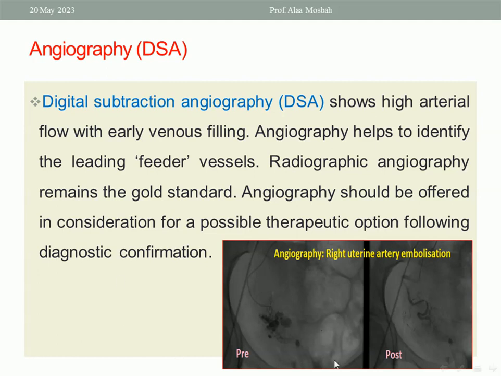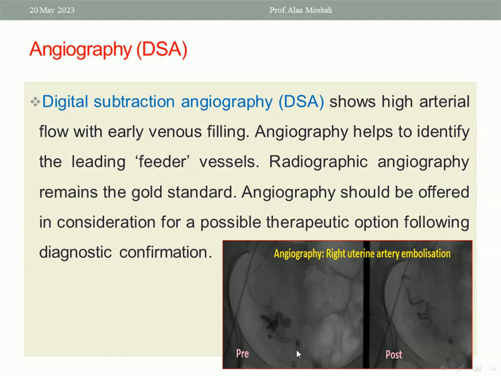This picture shows angiography and the embolization also. This picture on the left is pre-embolization, before embolization. As you see here, this is the arteriovenous malformation. And this is the post, after embolization.